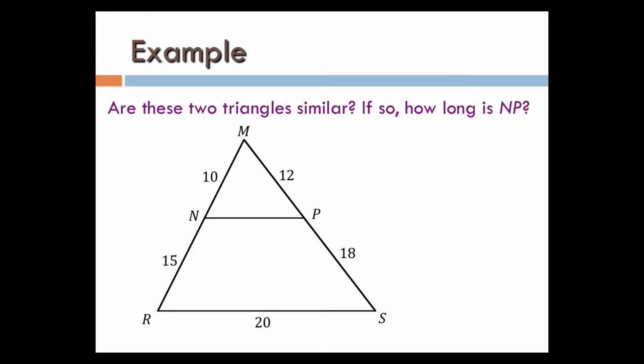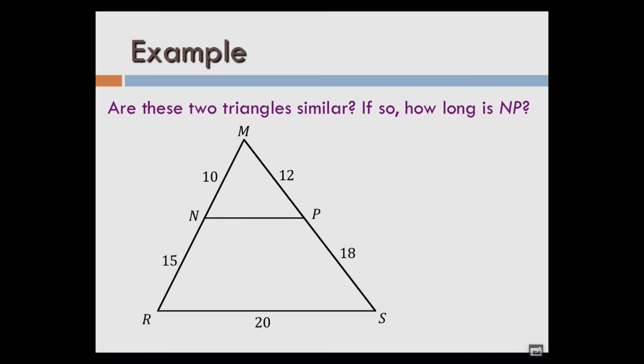Are the triangles similar? So we're actually going to do three things to solve this problem. We're going to determine if the triangles are similar. We're then going to write a similarity statement, because that'll make a good reference when we're solving for NP. And in fact, let's do the similarity statement first.